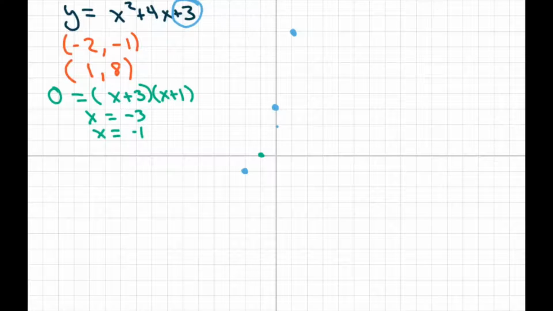So we have here and here. So the quadratic, I can move this over here, and this one is going to be right there. So we kind of get in this area. So let me sketch that a little bit.